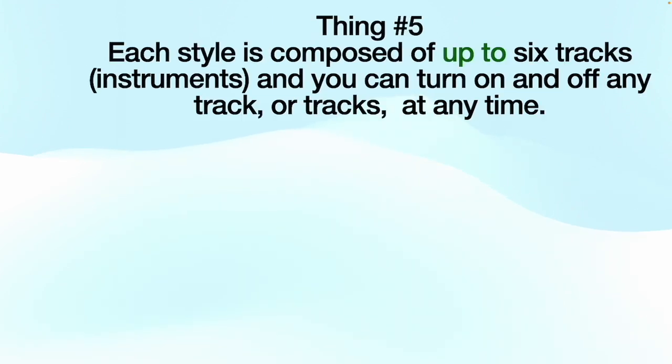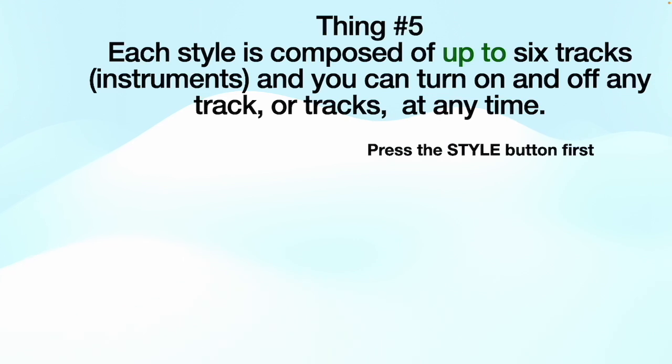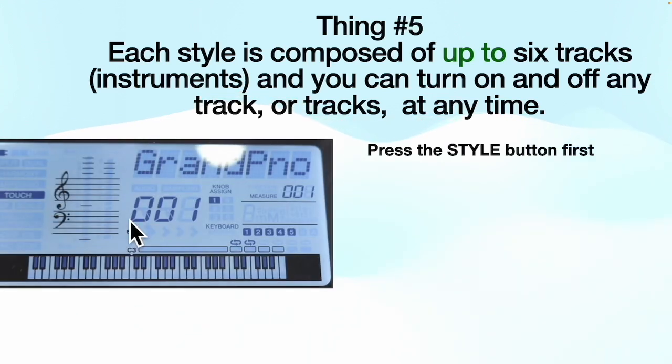Thing number 5. Each style is composed of up to 6 tracks or 6 instruments. And you can turn on and turn off any track or multiple tracks at any time. So what you do is you press the style button first to call up your style. And then when you look at the screen, you see these numbers over here.